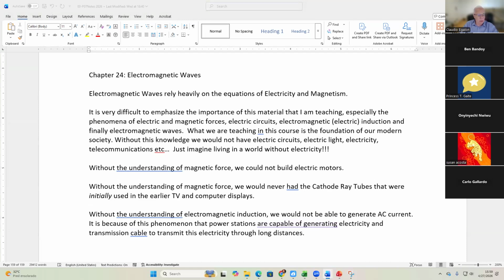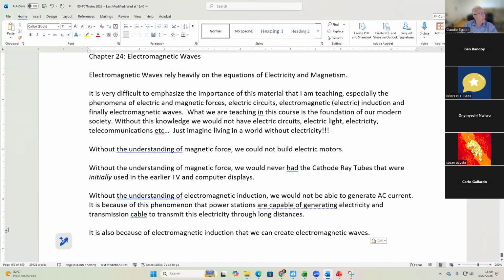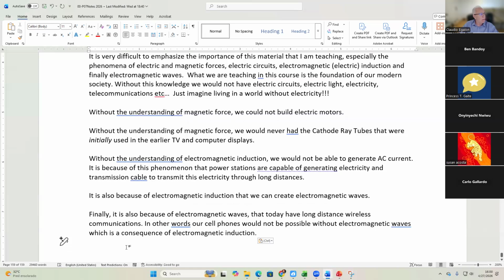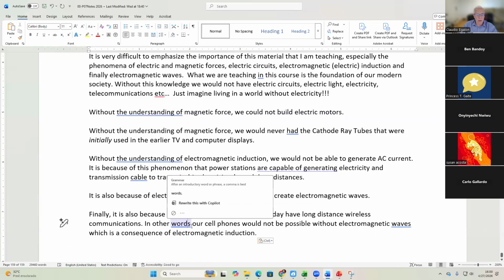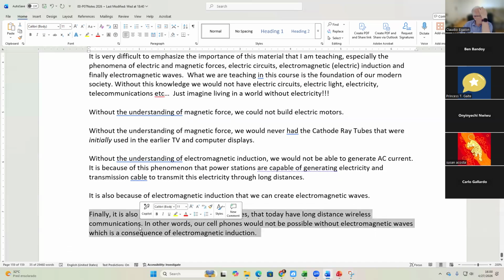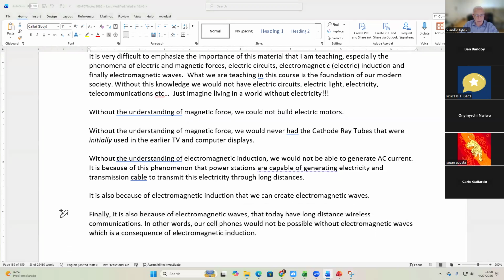It's also because of electromagnetic induction that we can create electromagnetic waves, and because of electromagnetic waves that we today have long distance wireless communication. In other words, our cell phones wouldn't be possible without electromagnetic waves, which are the consequence of electromagnetic induction. And everything goes back to the laws of electricity and magnetism.